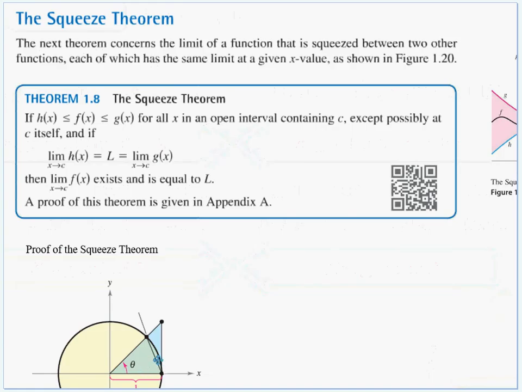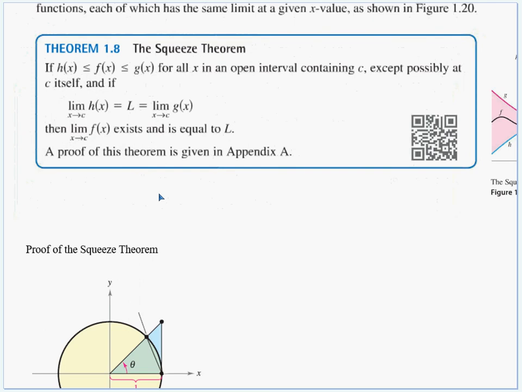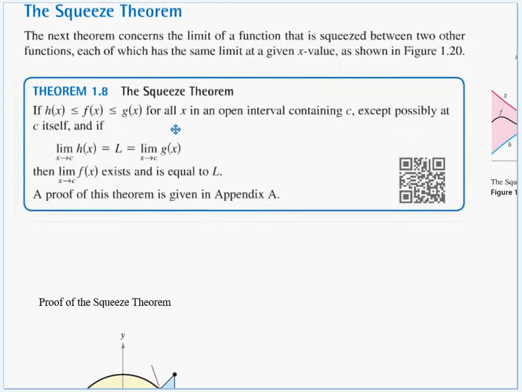All right, up next is the squeeze theorem. This next theorem concerns the limit of a function that is squeezed between two other functions, each of which has the same limit at some given x value. So let's see here, the squeeze theorem.